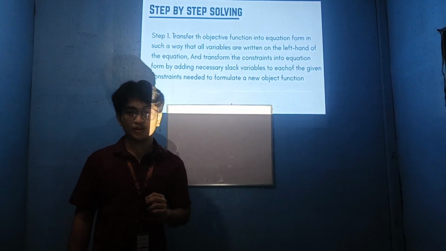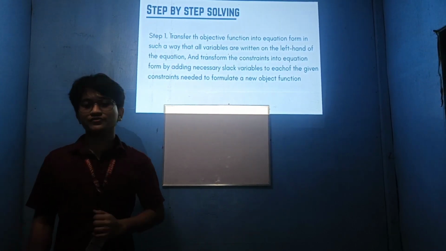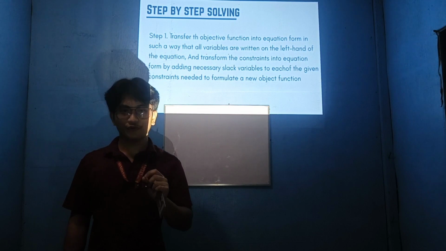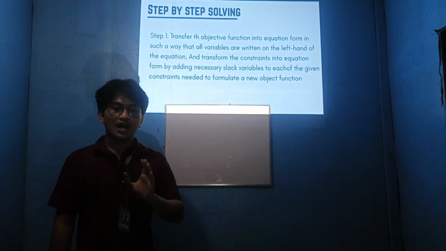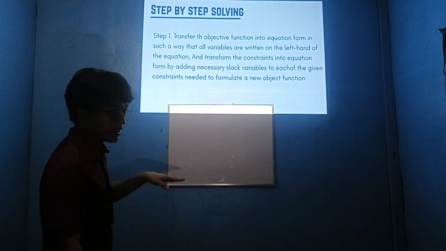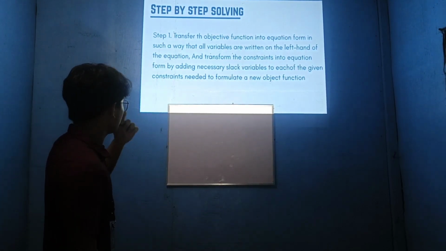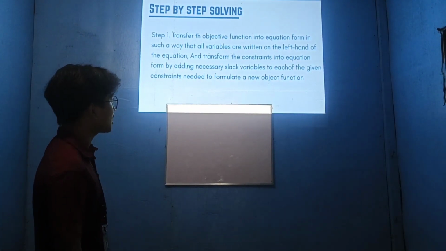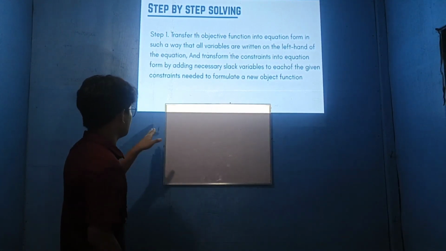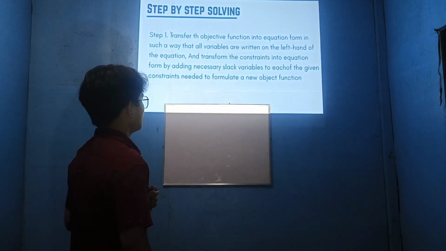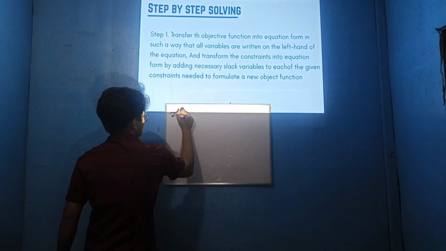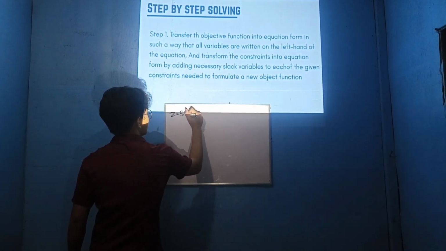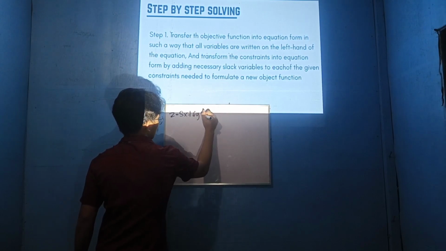In step-by-step solving, in step 1, transform the objective function into equation form in such a way that all variables are written on the left-hand side of the equation, and transform the constraints into equation form by adding the necessary slack variables to each of the given constraints needed to formulate a new objective. Here, z equals 5x plus 6y equals 0.